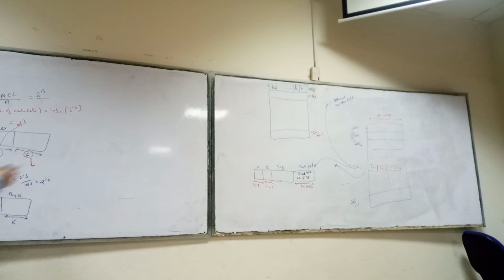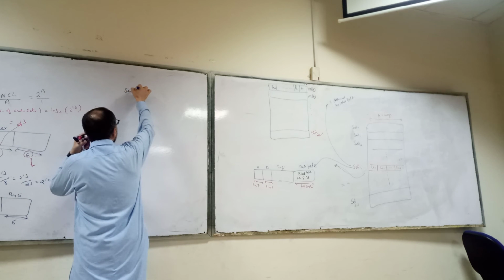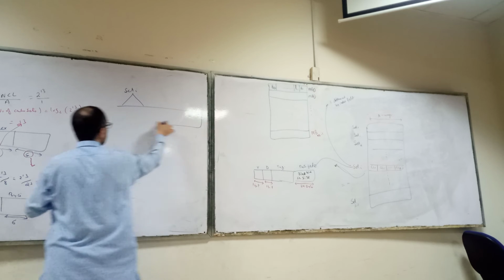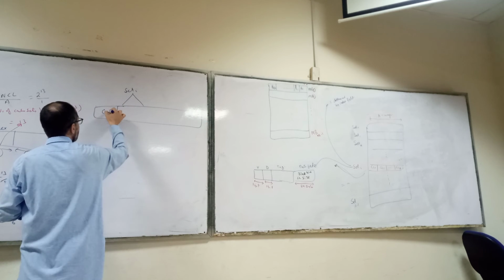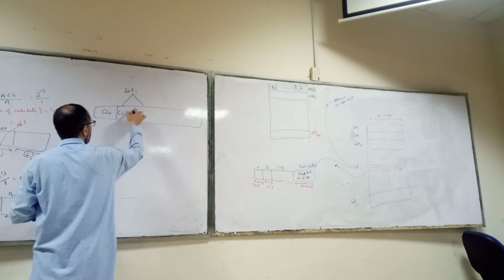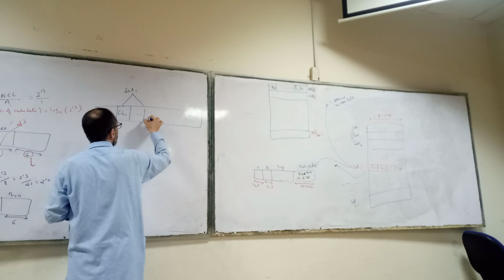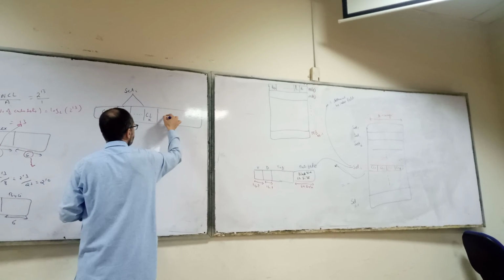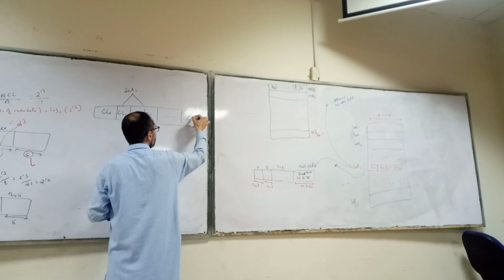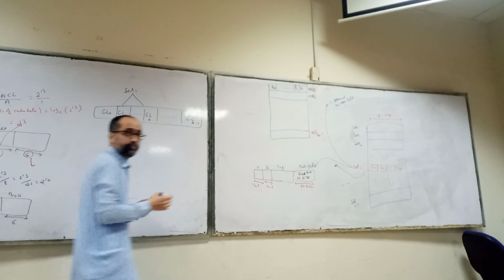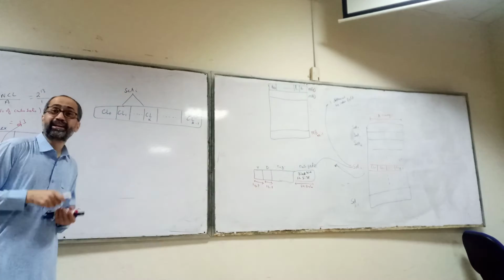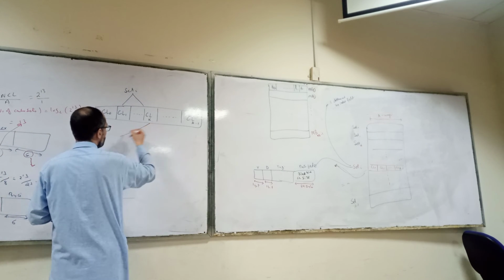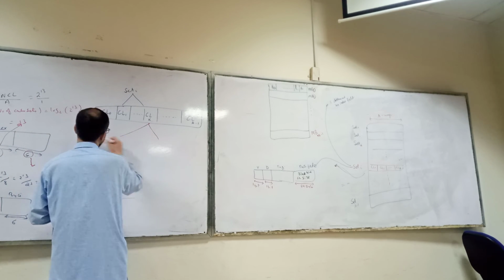So if you look at set I, it is further divided into cache line 0, cache line 1, cache line k minus 1, cache line k, and cache line A minus 1. If you look at this cache line k, it is further divided into what?